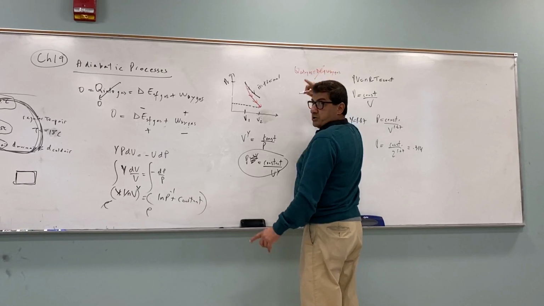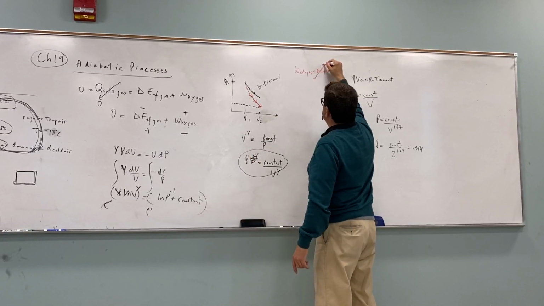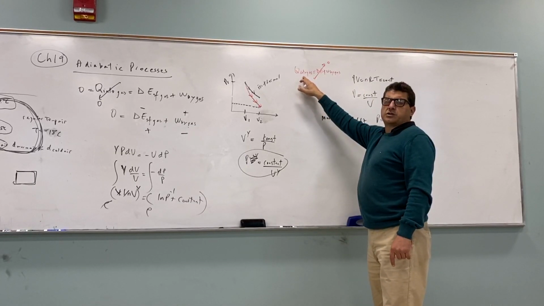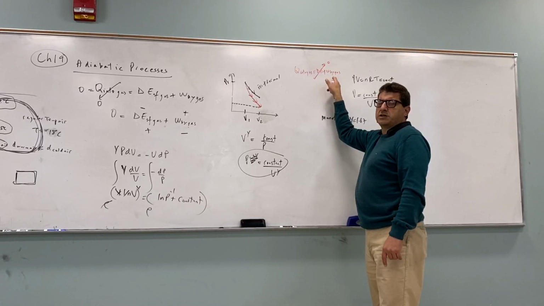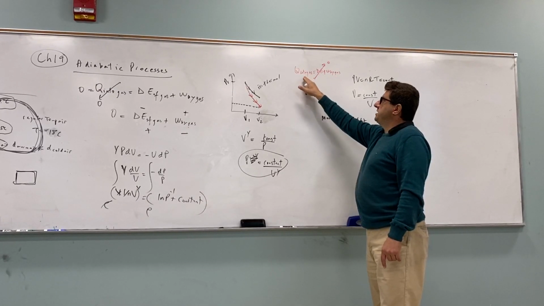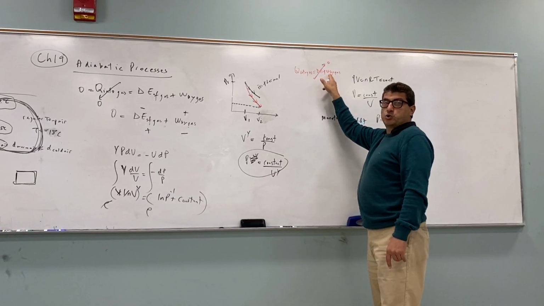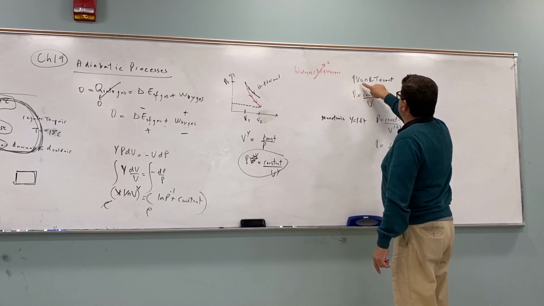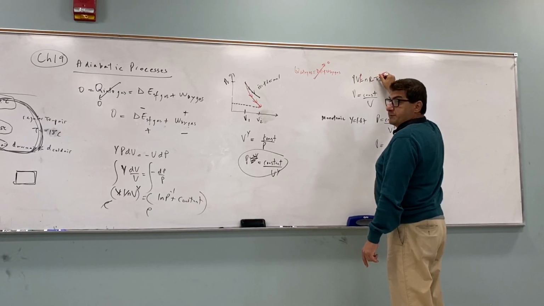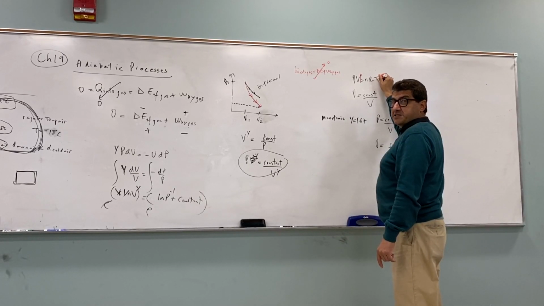So isothermal, here's what happens. Delta E is 0. The reason in an isothermal that the gas is expanding is because you're putting heat into the gas, right? And when you're putting heat in, that's allowing the gas to do work. And when the volume is increasing, the reason its temperature is not dropping is because you're putting heat into the gas.